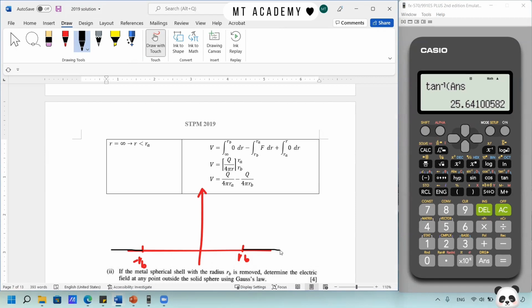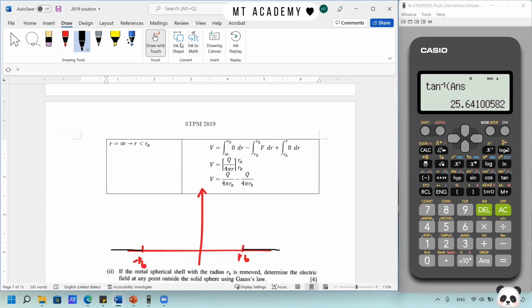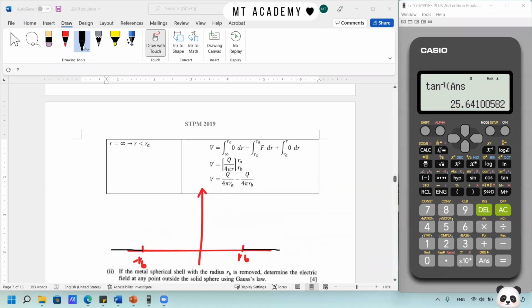And then the V in between RB and RA depends on the distance, so it will be equal to something like this. And then it will be constant in the region less than RA.